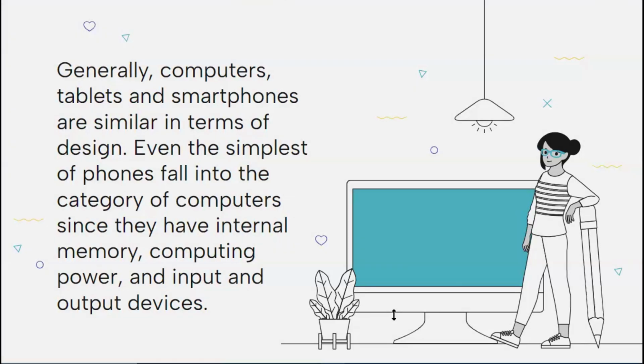Although smartphones, tablets, and computers have significantly different sizes, the basic principle is the same. The engineering behind smartphones and tablets involves integrating microprocessor technology with a mobile network. They need to be connected to the internet to be able to perform certain functions.